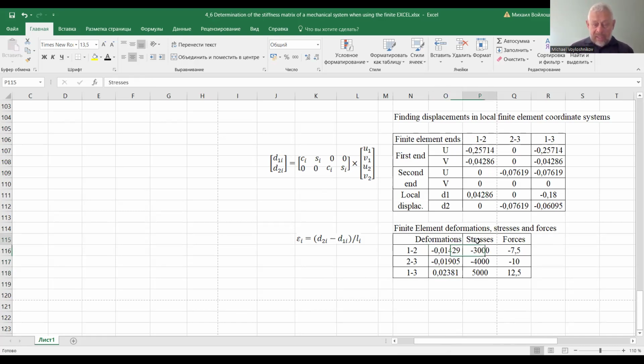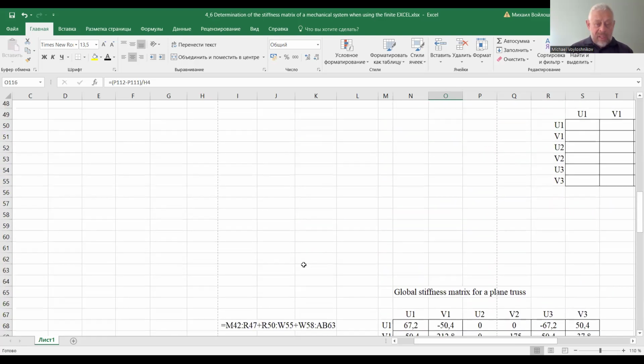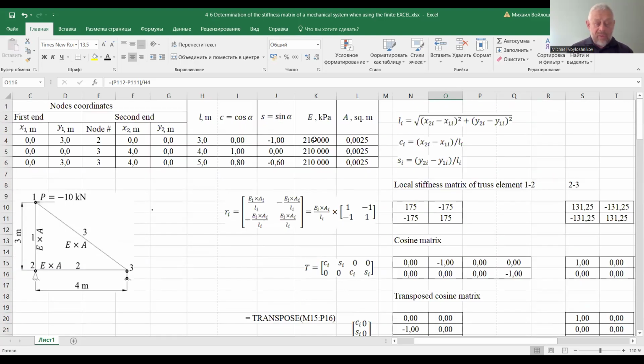To find the stresses, in accordance with Hooke's law in mechanics, we have to find the product of the deformation by the modulus of elasticity. The modulus of elasticity is assigned in the first table as equal for each of the three elements of the considered truss.